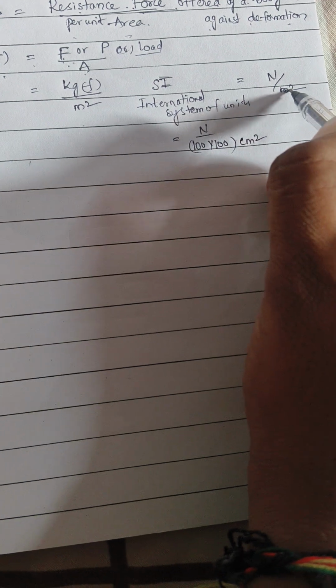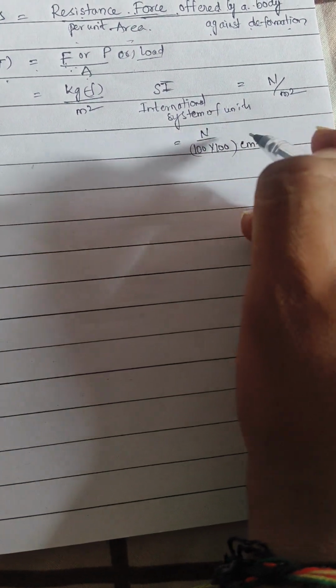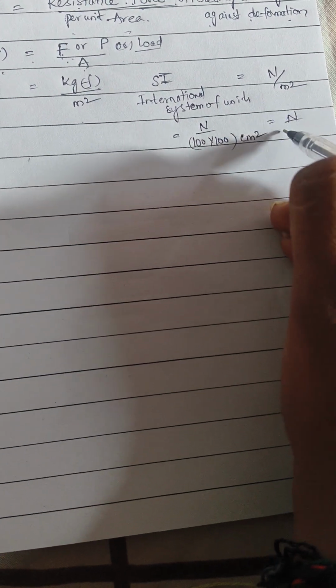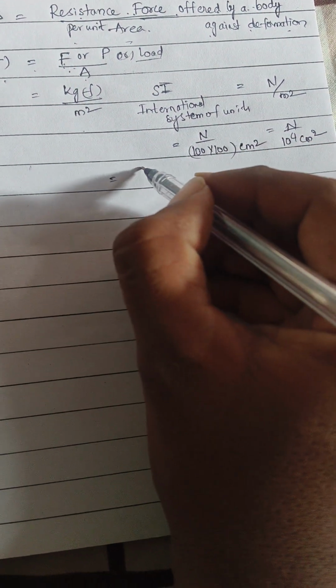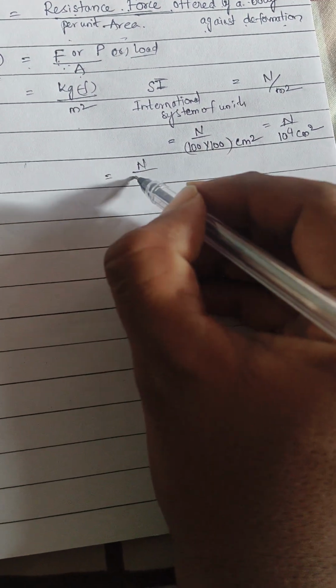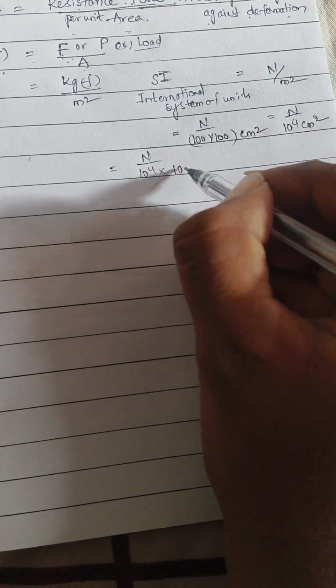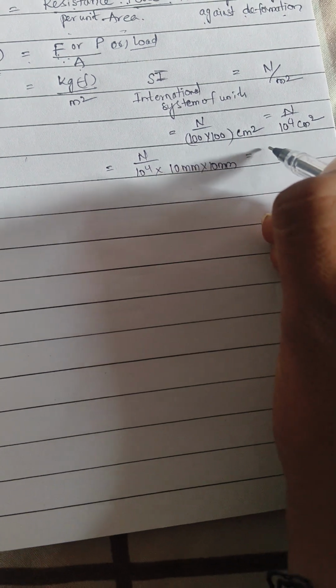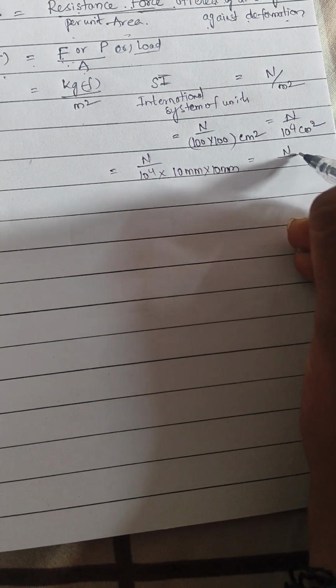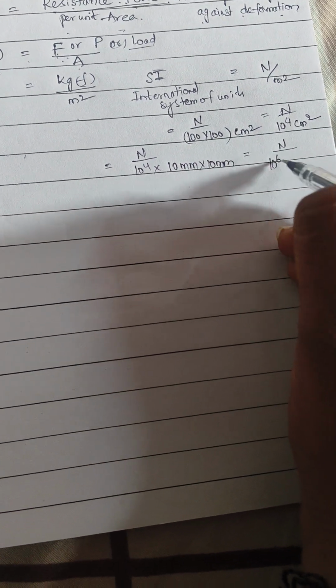That means 1 meter equals 100 into 100, so Newton per 10 power 4 centimeters square. Or you can cut down the value: 1 centimeter equals 10 millimeters into 10 millimeters. Then it will come up to Newton divided by 10 power 6 mm square.